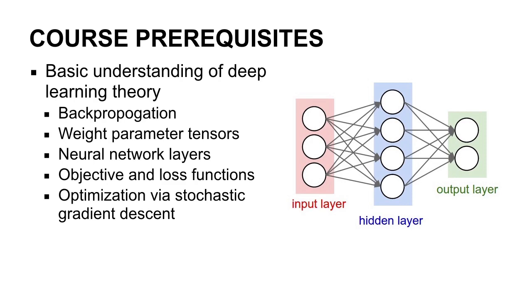It also would be useful to have some understanding of deep learning theory. For example, backpropagation is a very important concept in deep learning, and this allows us to backpropagate the error signal throughout our model. It's also important to understand that neural networks are essentially large amounts of parameters and weights, represented in tensors or even sometimes simply matrices.